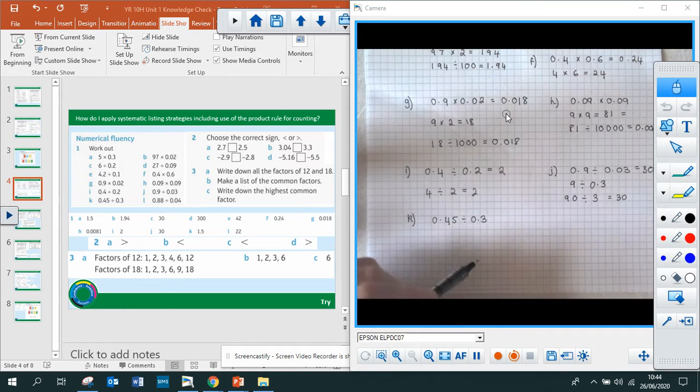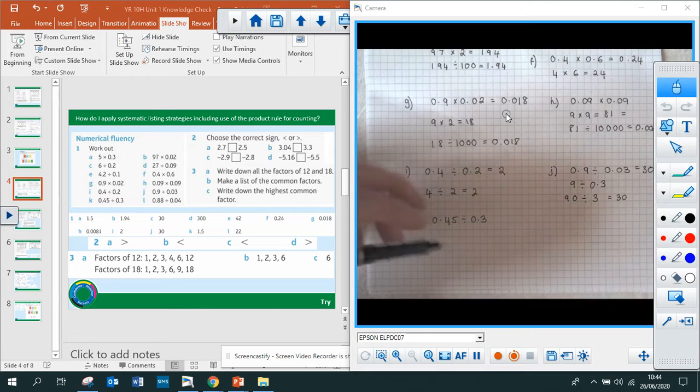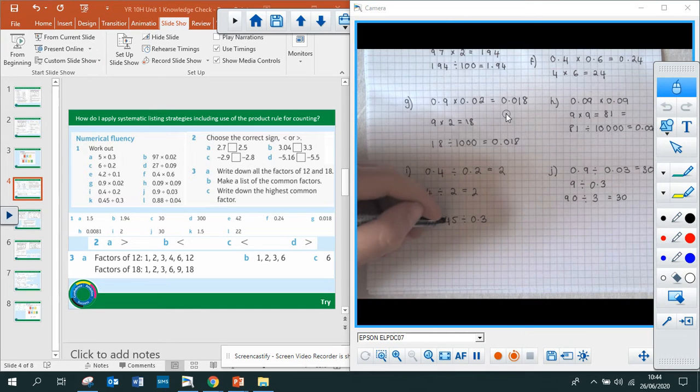And in order to get rid of all of the decimal places in both parts here, I'm going to times both of them by 100. So times that by 100, that gives me 45. Times this by 100, it gives me 30. Now that's not very nice. I'm still doing 45 divided by 30. That's still going to give me a decimal answer. And I want it to be a little bit easier for myself.